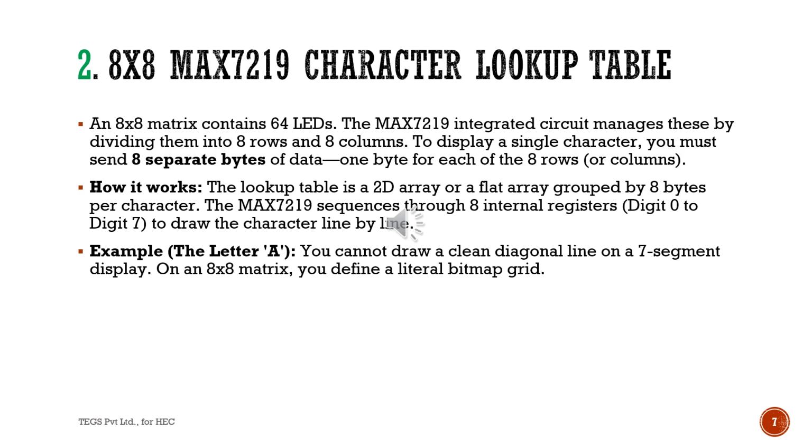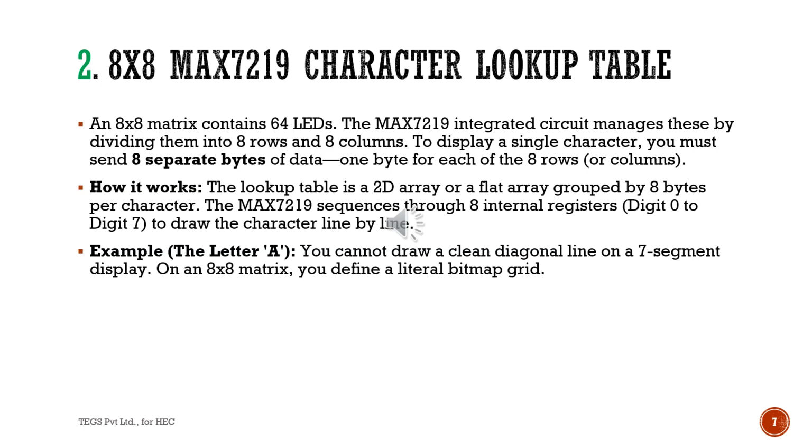Working: the lookup table is a 2D array or a flat array grouped by 8 bytes per character. The MAX7219 sequences through 8 internal registers, digit 0 to digit 7, to draw a character line by line.